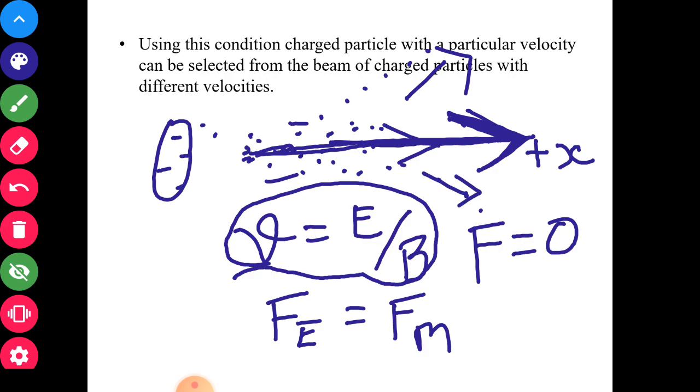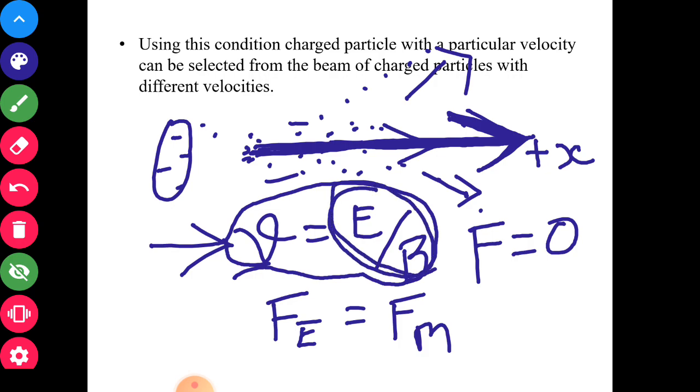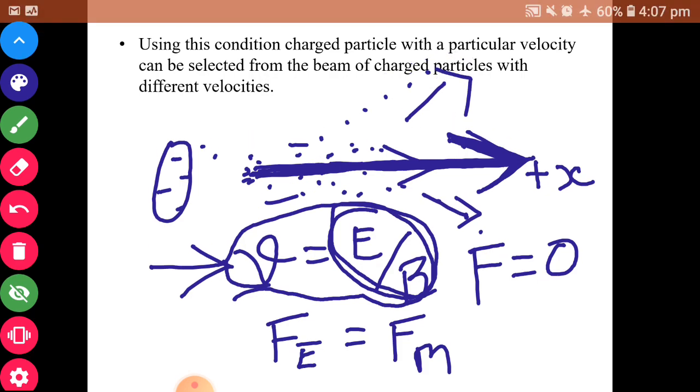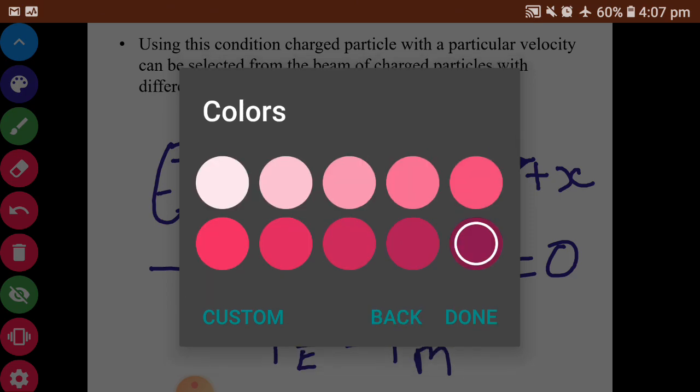So you can select the charged particles having this velocity, and that is why it is named a velocity selector. Only particles with this particular velocity, that is E/B, will move in this straight line direction. All others will be deflected.